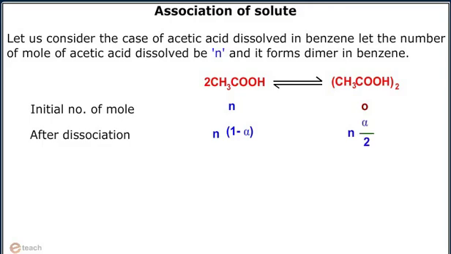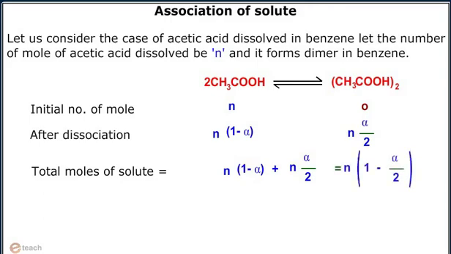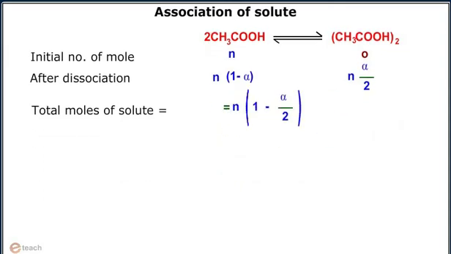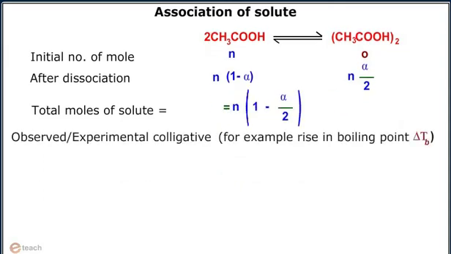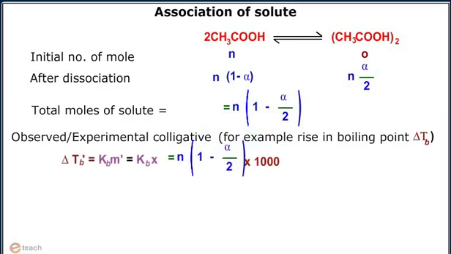We can write total moles of solute: n(1 minus alpha) plus n alpha by 2 equals n(1 minus alpha by 2). Observed or experimental colligative property, for example rise in boiling point delta Tb' equals Kb m' equals n(1 minus alpha by 2) by W into 1000.